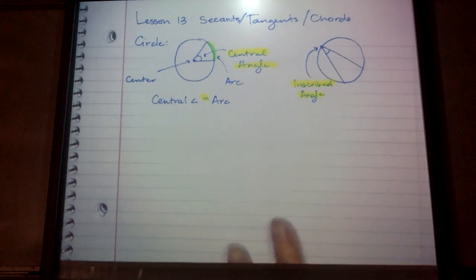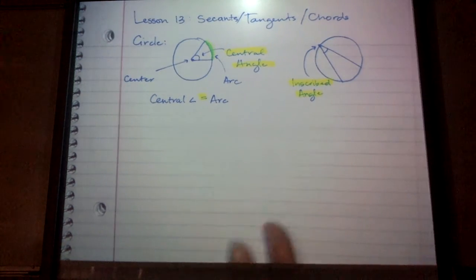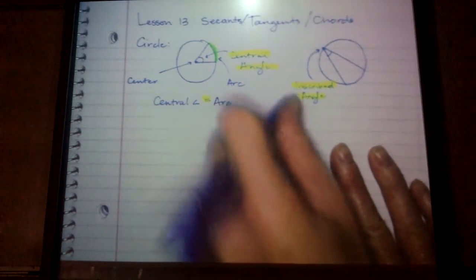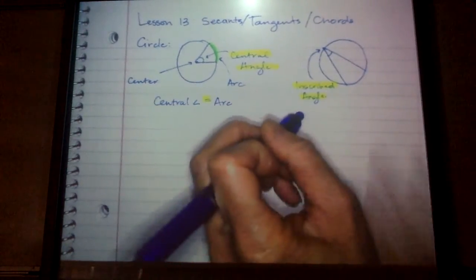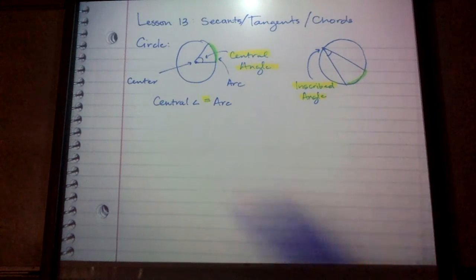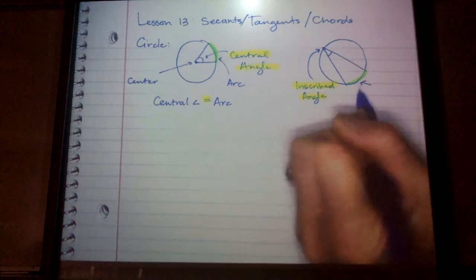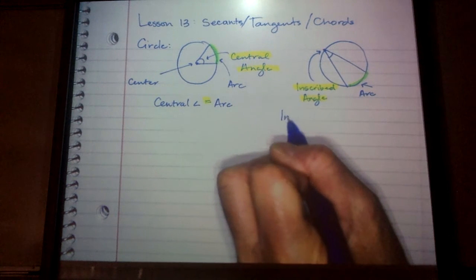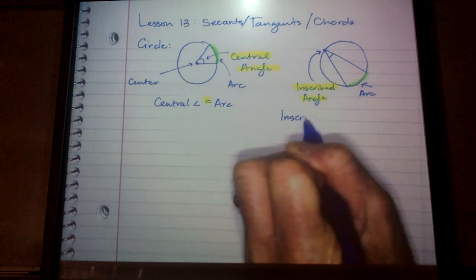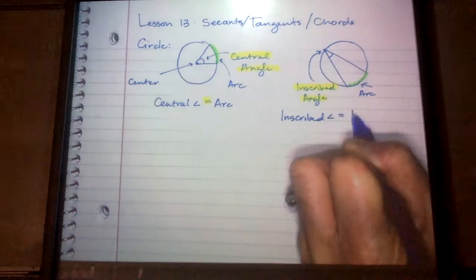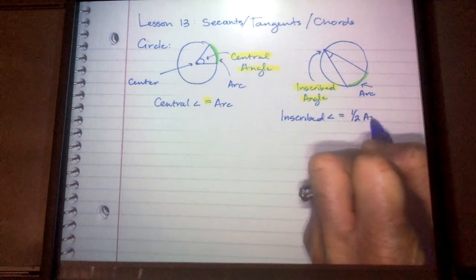What's important here is that for an inscribed angle and the arc that it forms, the inscribed angle will equal half the measurement of the arc.